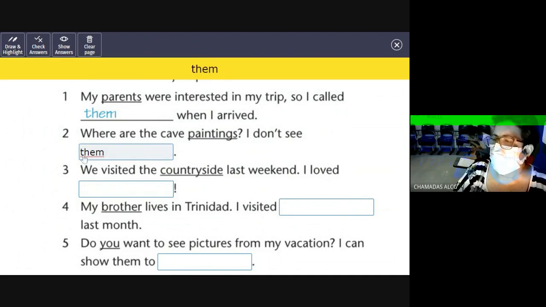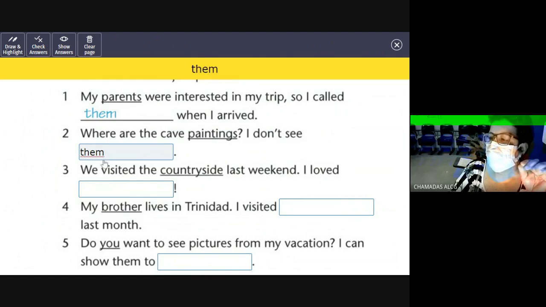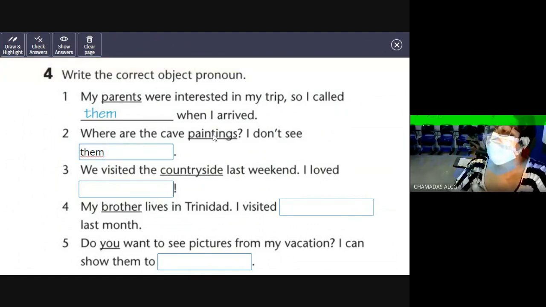Okay, I'm referring to a noun in the plural. So I don't see them. Okay. I don't see the cave paintings.